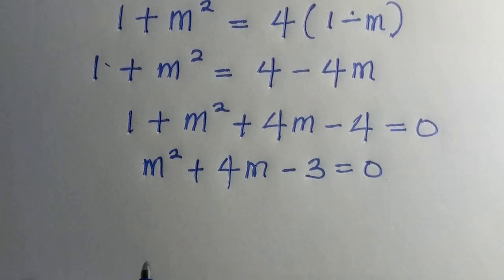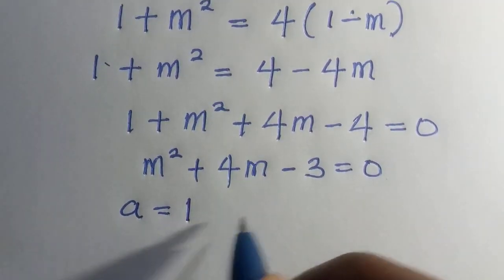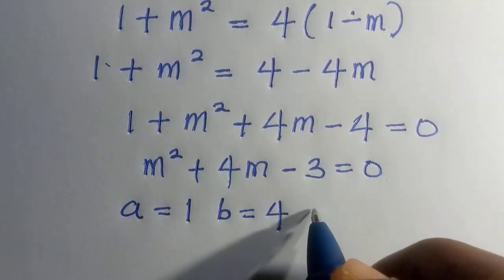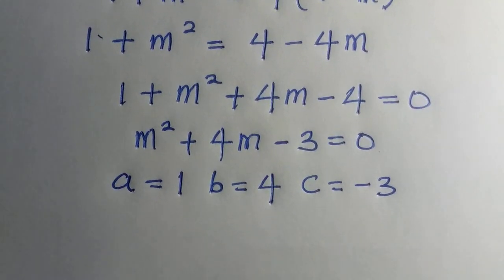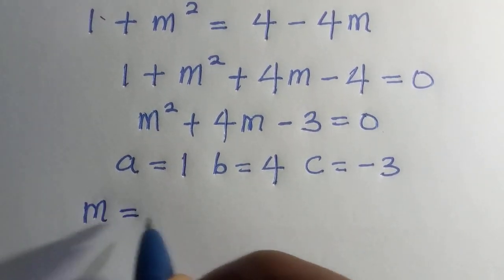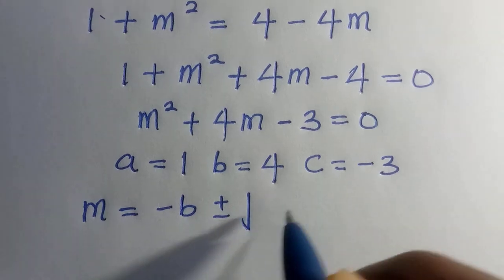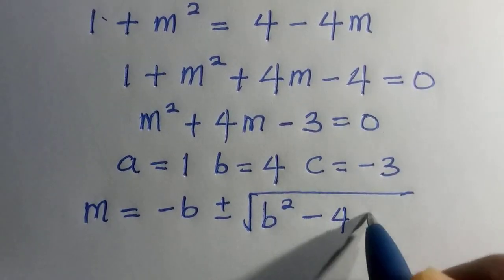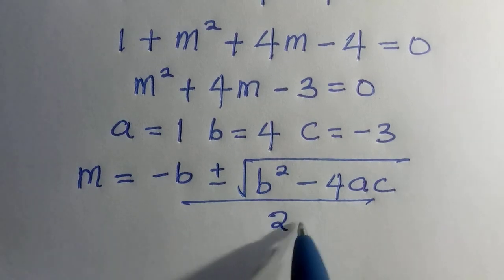What we need: a, which is the coefficient of m squared, as 1, and b is the coefficient of m, which is 4. Then c is our constant value, which is minus 3. We are going to substitute all this in this formula, which says m equals minus b plus or minus the square root of b squared minus 4ac, divided by 2a.